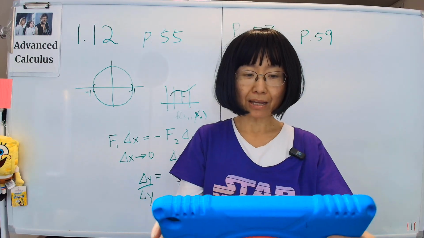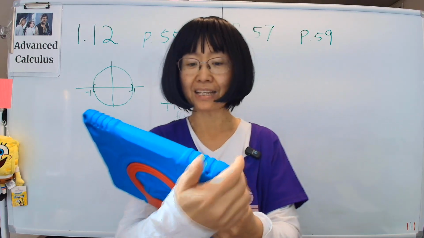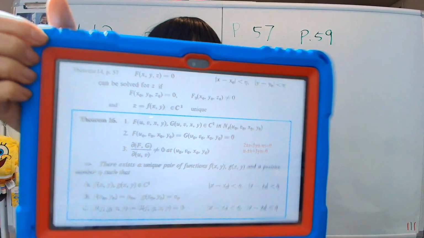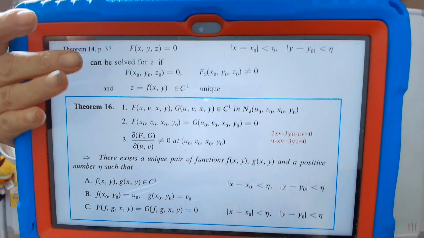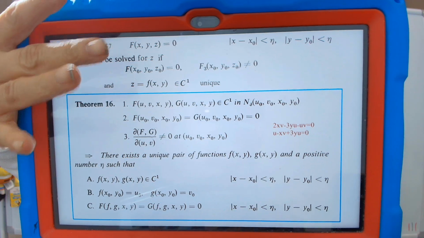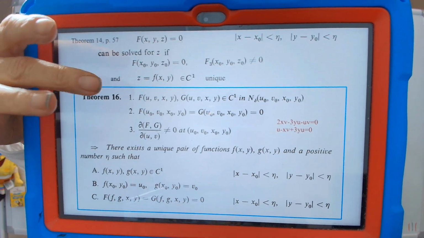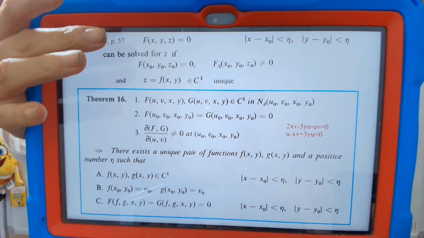And with that, we are able to prove Theorem 16. Before we prove that, I want to mention Theorem 14 again, okay? Now this time, please pretend that there are 4 variables, since Theorem 16 has 4 variables. Pretend there are 4 variables, but nothing changes.